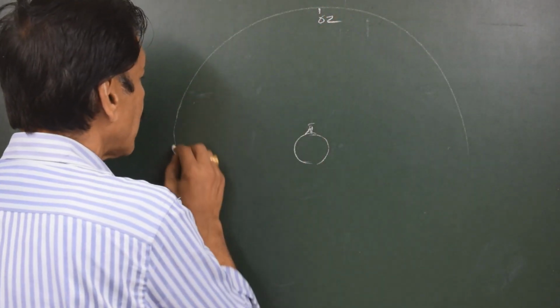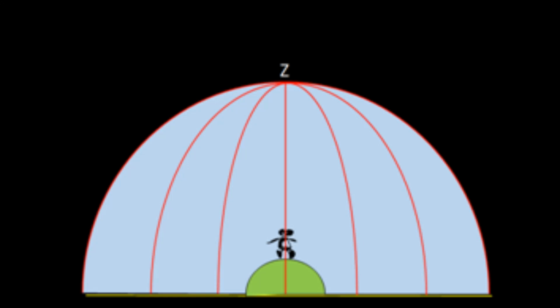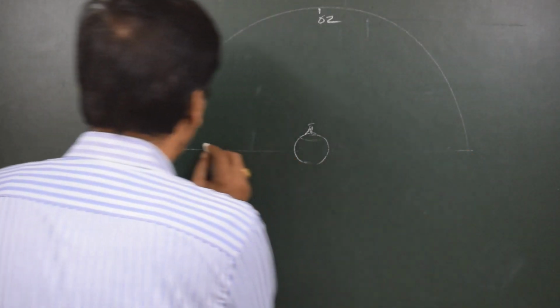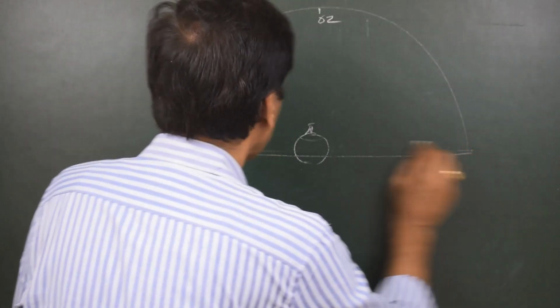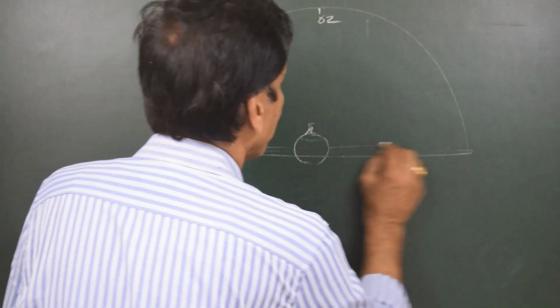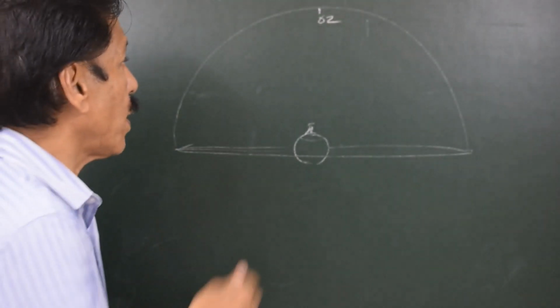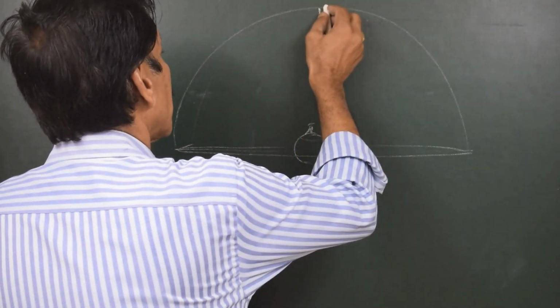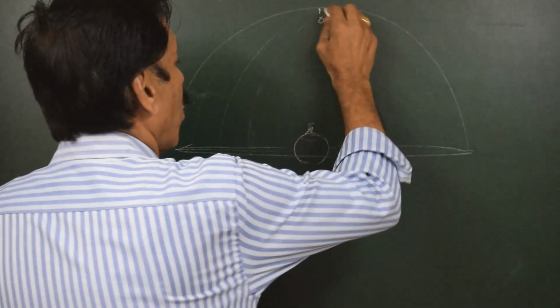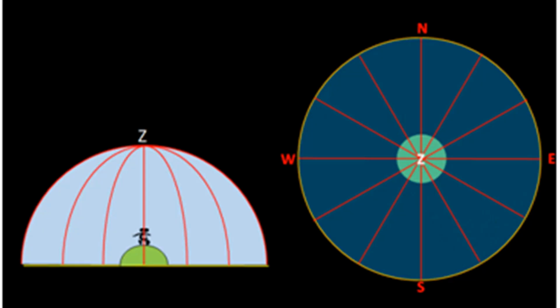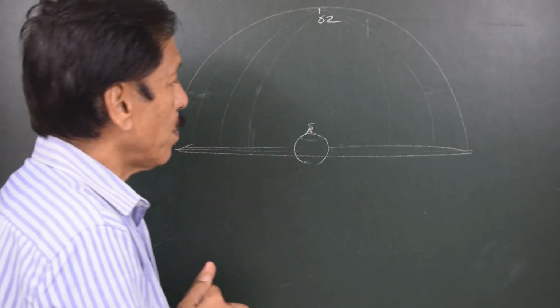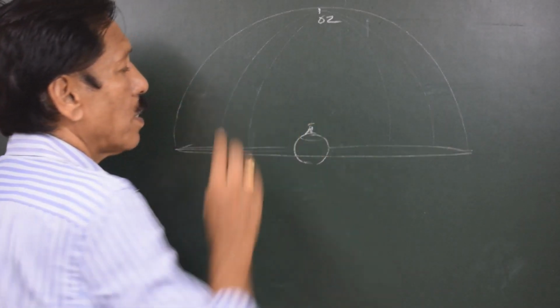And also can I say that this is the observer's rational horizon? The observer's rational horizon is a great circle on the celestial sphere whose every point is 90 degrees away from the observer's zenith. So we are looking at the picture in this fashion, where the observer appears at the highest point.